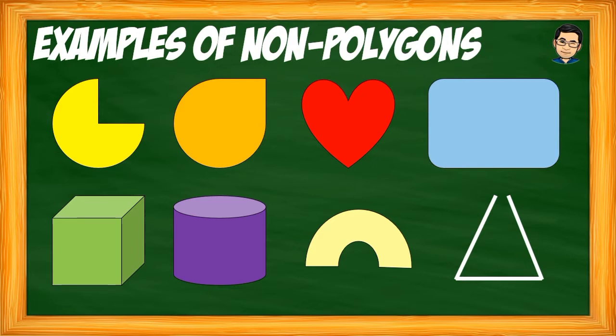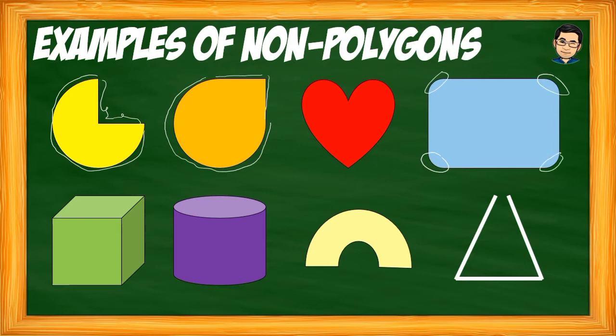For the first figure, you can see its sides are curved, as well as the second and third, and also the fourth. This portion is straight, however this other portion is curved. So that is not considered a polygon, as well as this one. It has a curved surface, but this part is straight. And our heart, that is curved. So those are not straight sides. And this one also, the sides on the edge are curved.